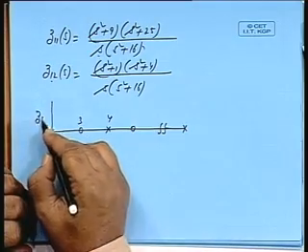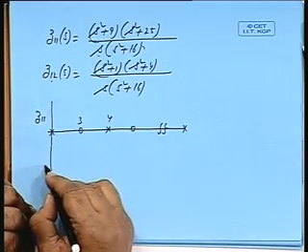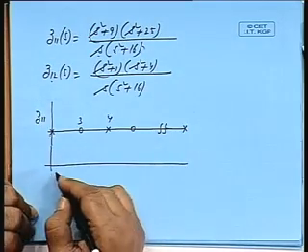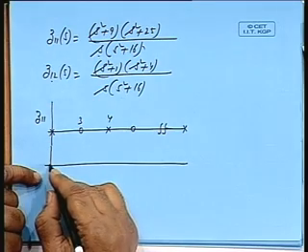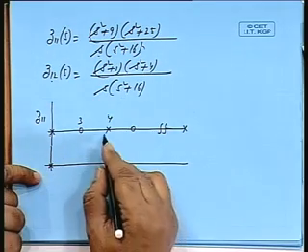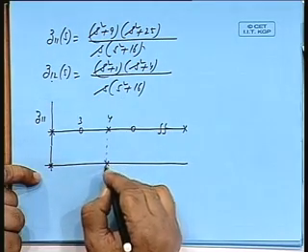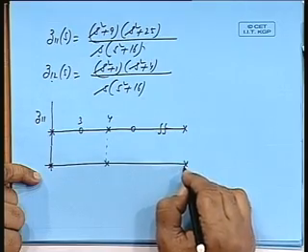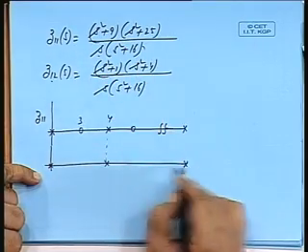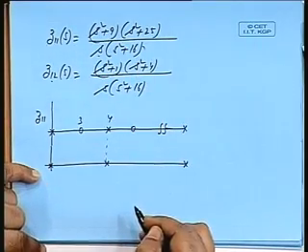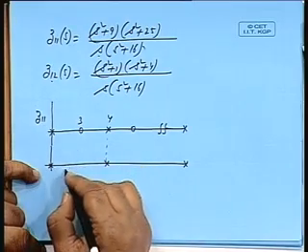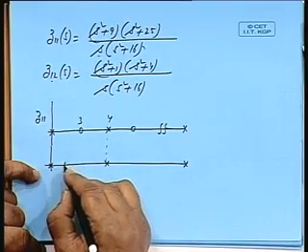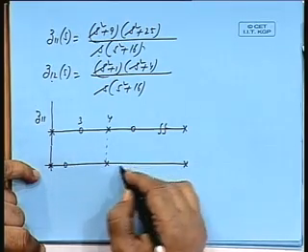This is Z11. Z22, Z12: the poles are the same because there is no private pole. So the poles are identical, and then this zero is at 1 and this is at 2.